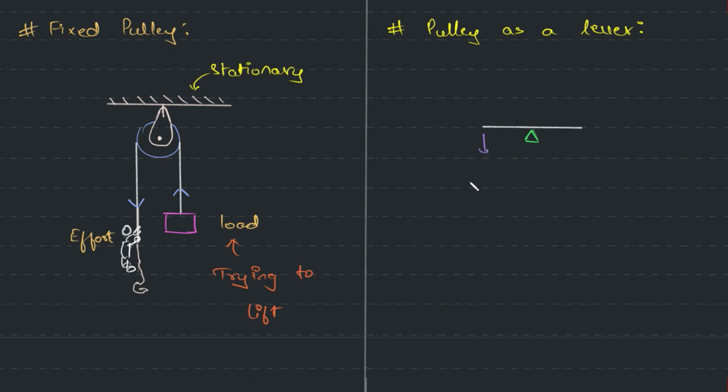You put your load over here. Sorry, not load, sorry. You put your effort over here, for example. And you'll get to see the output or your load over here moving up. Do you guys agree?